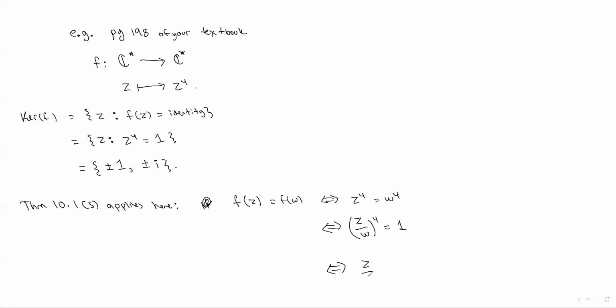So if and only if z over w is either plus or minus 1 or plus or minus i. So for example, if f of z equals f of the square root of 2, then z over the square root of 2 must be either plus or minus 1 or plus or minus i. So z must be either plus or minus square root 2 or plus or minus square root 2 i.